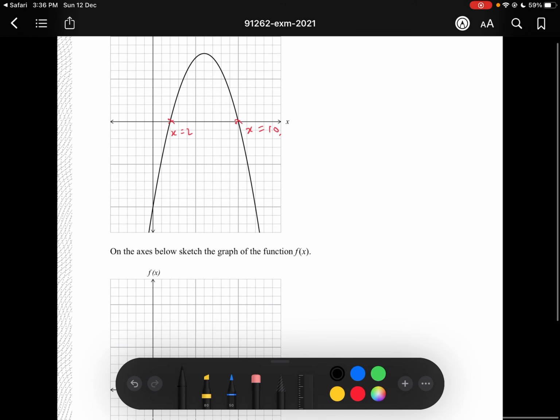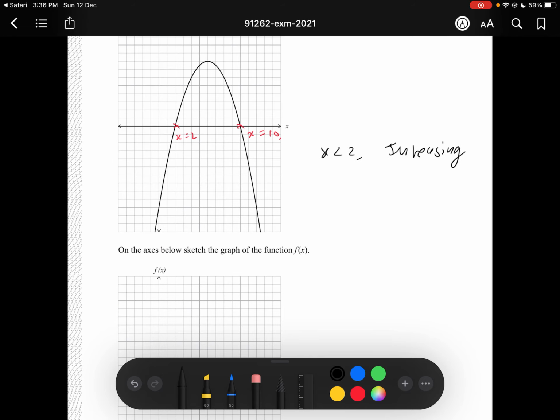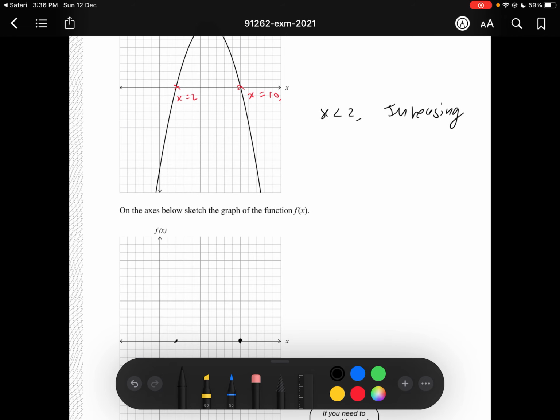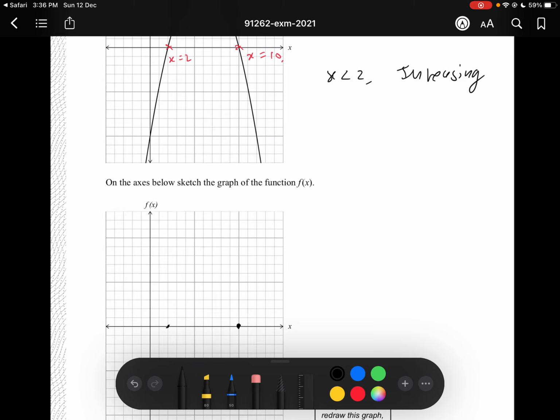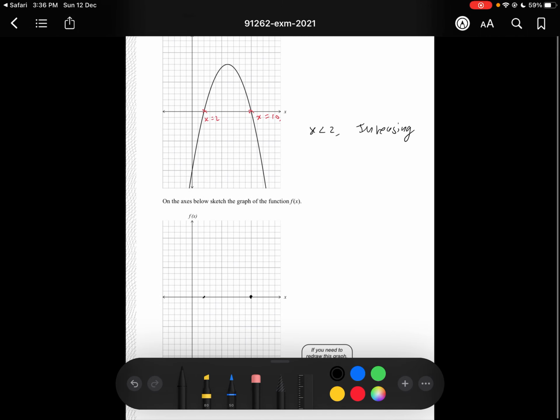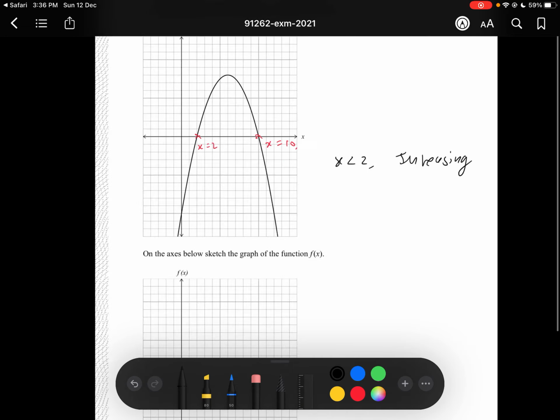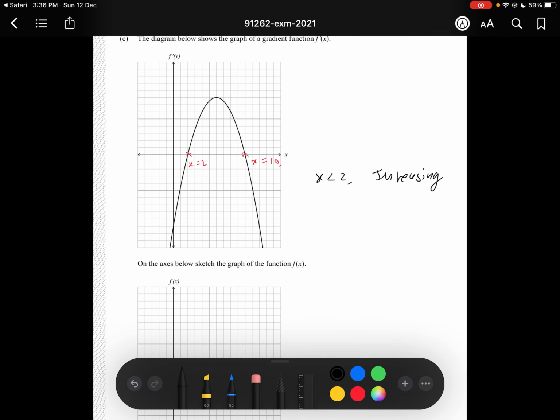This is f dash of x. Below the x-axis, f dash of x is less than 0, and above the x-axis, f dash of x is greater than 0.